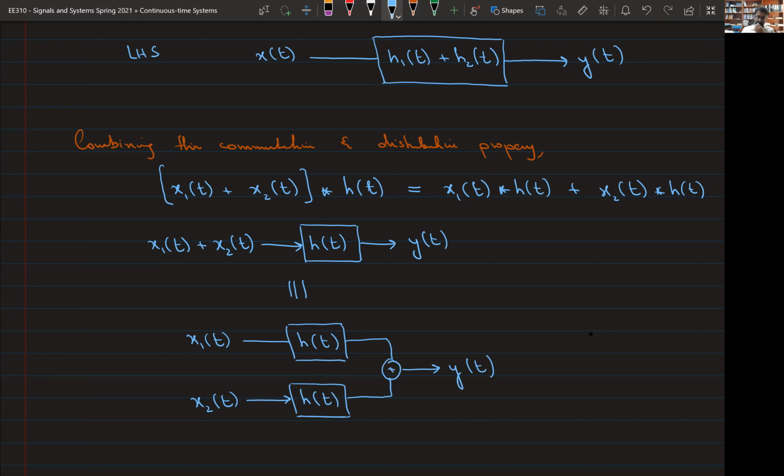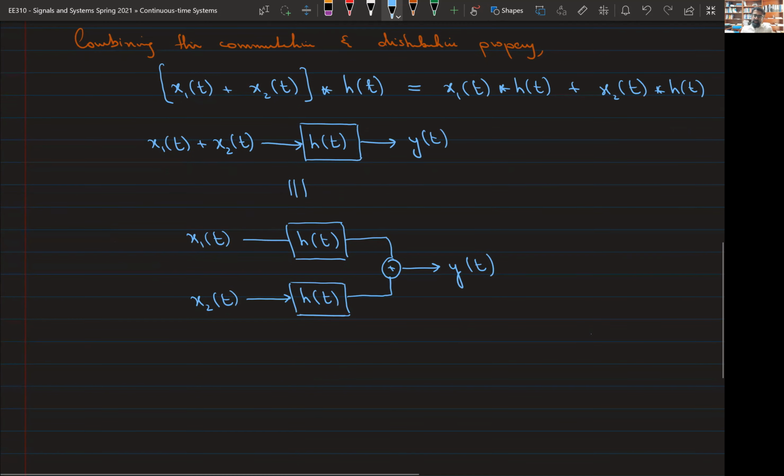Okay. Thank you. Excellent. By the way, you could have come to this conclusion some other way as well. Because we know something about the system properties from which, even if you did not know the distributive property, even if you did not know the commutative property, just by looking at this figure here, you would have concluded, yeah, this must be equal to this.